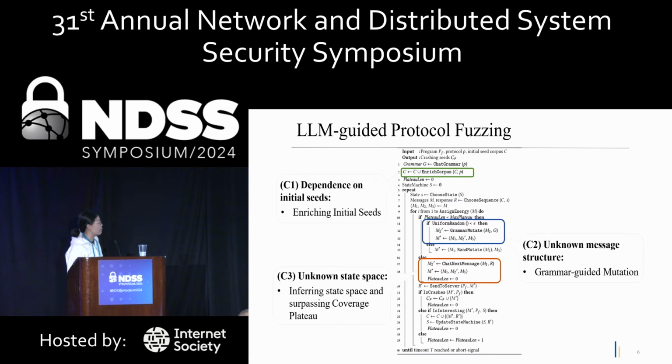So at this time, we also monitor whether the fuzzer enters the coverage plateau, and if so, the fuzzer will chat with the LLM based on the current communication histories between servers and clients, and ask it to generate the next messages that can potentially induce state transitions and try to break the coverage plateau. This is the overall algorithm.